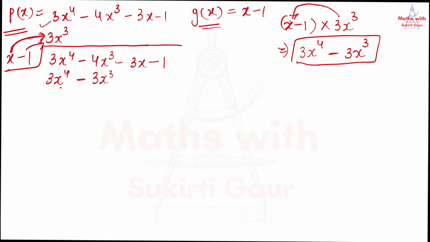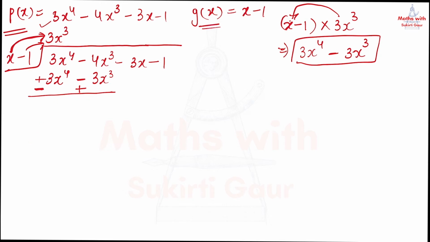We are going to focus every time on the first term. We are going to get this first term done first, 3x to the power 4, just like we do in usual division. Now what did I do in the previous example? I made these signs opposite to what they are. It means if this 3x to the power 4 was in plus sign, it became minus, and if this is minus sign, this became plus.